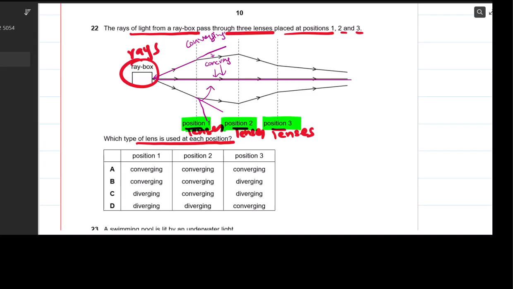Same again, rather than going straight, it is bending, so it is also converging. Now the ray is going, and instead of going straight or bending towards this, it bends outwards. So this indicates that it is a diverging lens. So B is the right option here. 22B: converging lens, then converging lens, and then diverging lens, and this is shown by these rays.